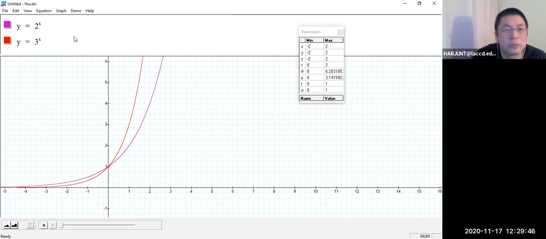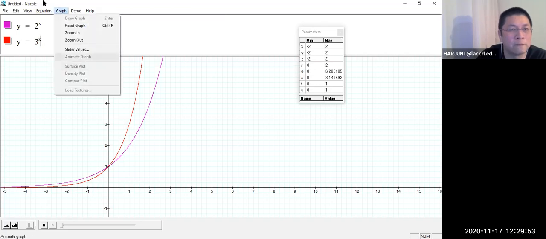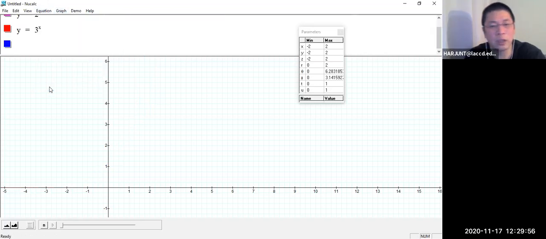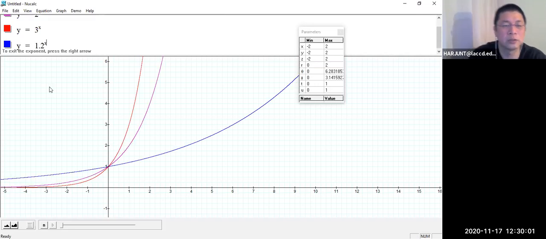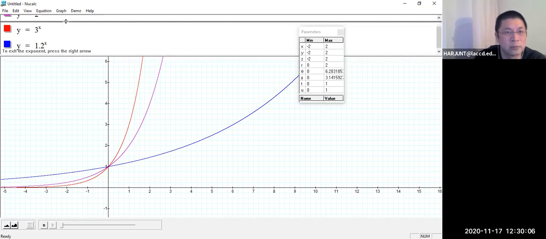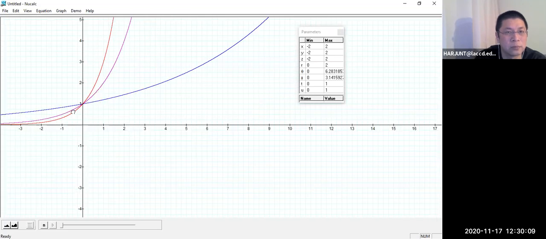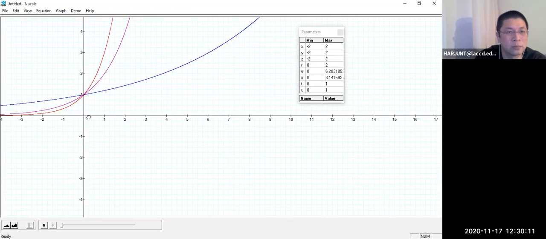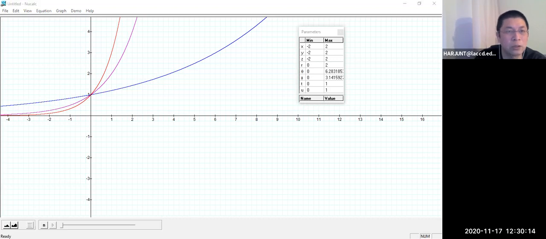In fact, let me make the base still greater than 1, but only slightly greater, and see how it behaves. Let's say y equals 1.2 to the x. See, it is still increasing, right? Still increasing. Let me screenshot this.